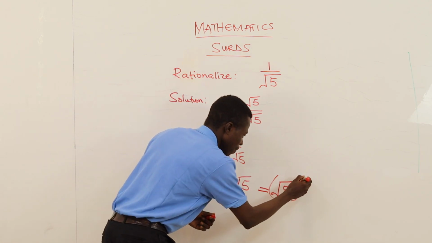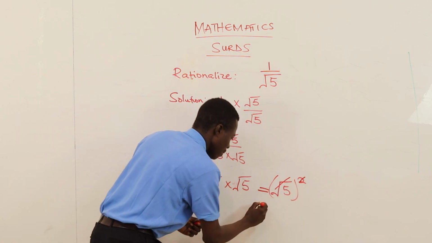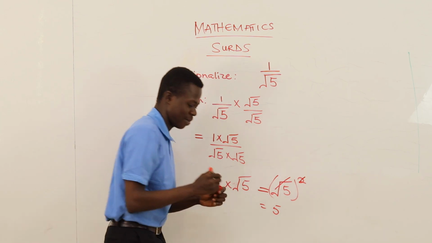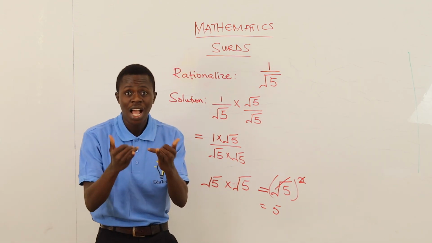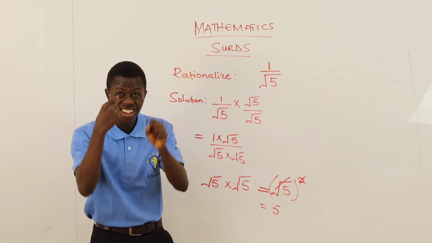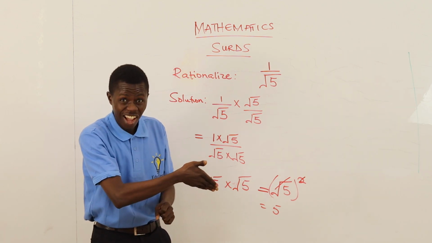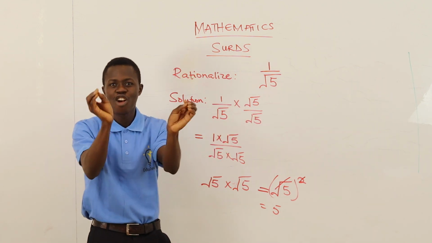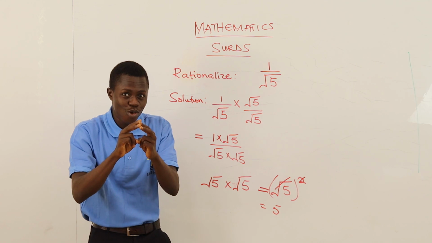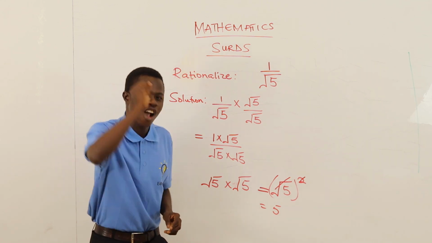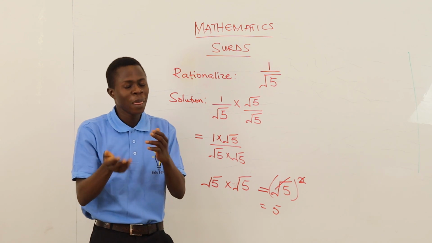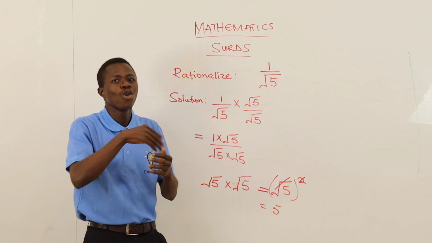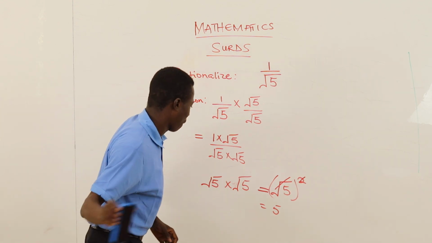No. The square root sign will go off because we have been able to cancel out the square root sign with the power 2. So now our answer will be 5, right? Do you still see the square root sign? No. So with this particular expression, we are able to get rid of our square root sign.